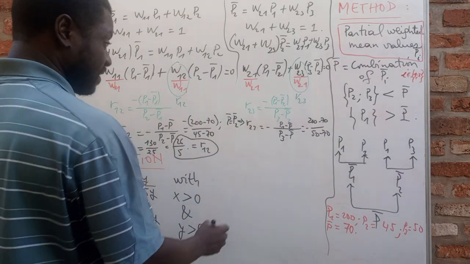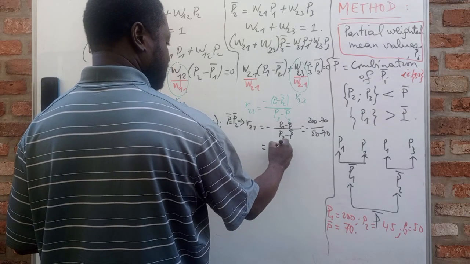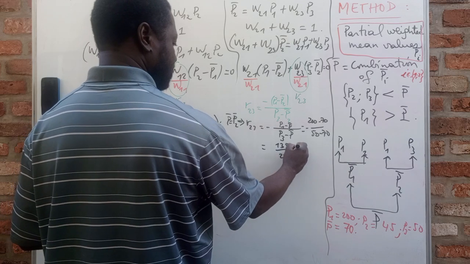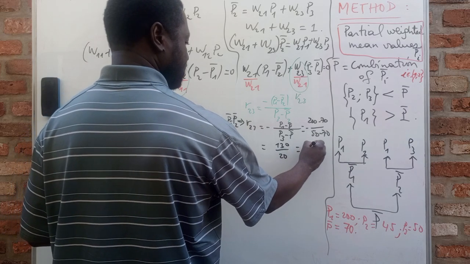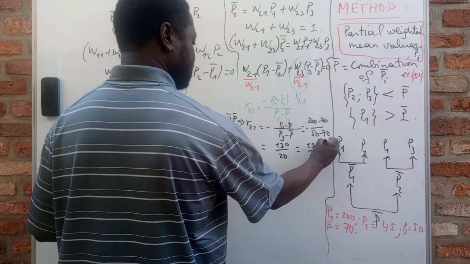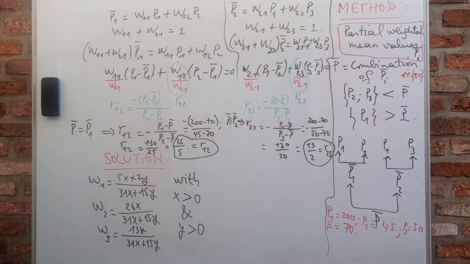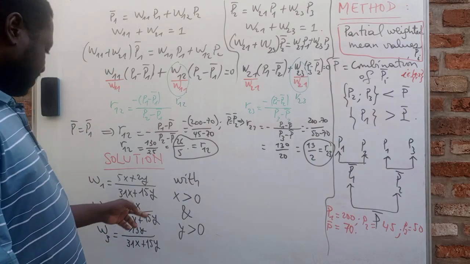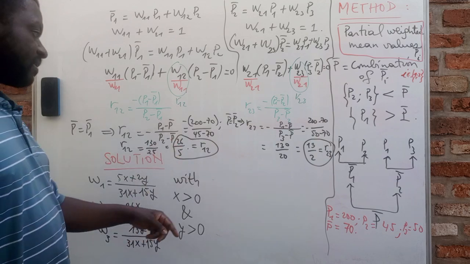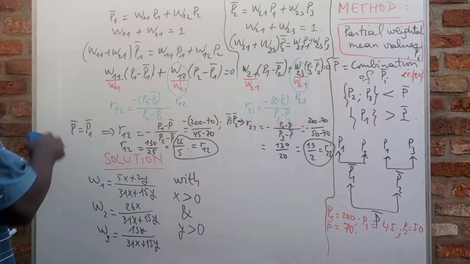So the result is 130 divided by 20, and by simplification 13 over 2. This is the second ratio. Now you can see some numbers, like relative weight 26, relative weight 13. Now let us continue again.